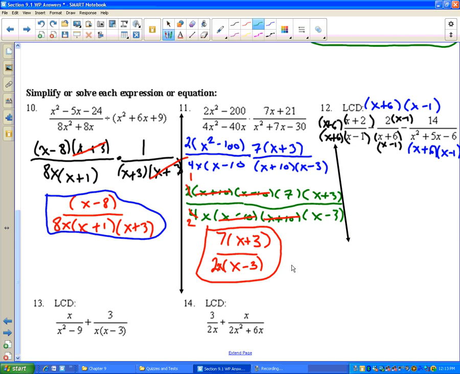My denominator is going to be x plus 6 times x minus 1. That doesn't change. First, I'm going to get x squared. Outer, I'm going to get 2x. Inner, I'm going to get negative 6x, so that's negative 4x. And last, I'm going to get negative 12.